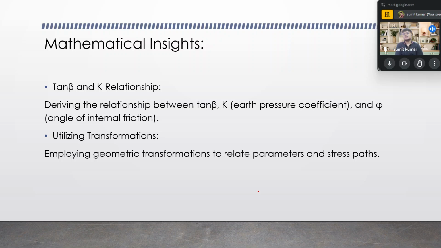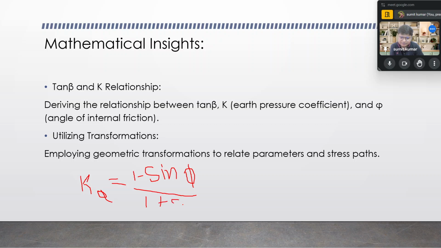We are talking about the relationship between tan beta and K for the earth pressure coefficient, and phi as the angle of internal friction, employing the geotechnical transformation. I will write about those as well. We know Ka, the coefficient of active earth pressure, is (1 minus sine phi) by (1 plus sine phi).